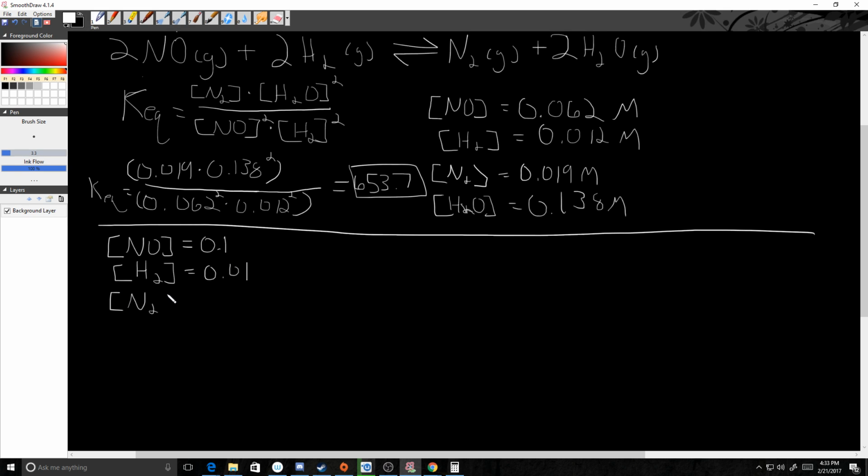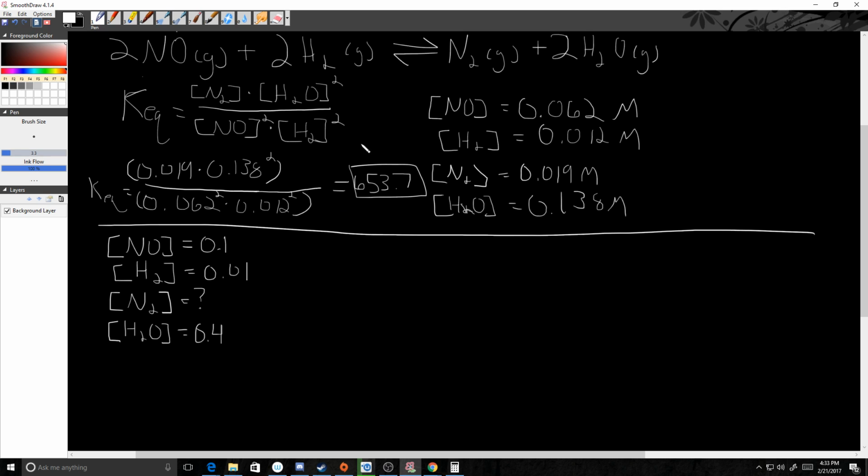Concentration of N2, let's say in this case we are making nitrogen gas, we're making N2. We want to know how much N2 there will be when the concentrations of the other three are here. So if we end up with these three values, doesn't matter what we started with, we want to know what the value of the N2 is.